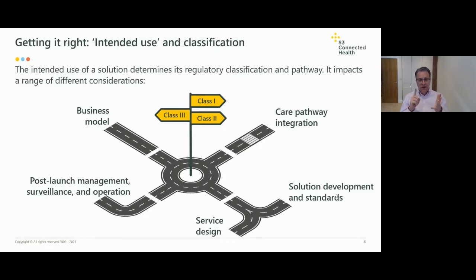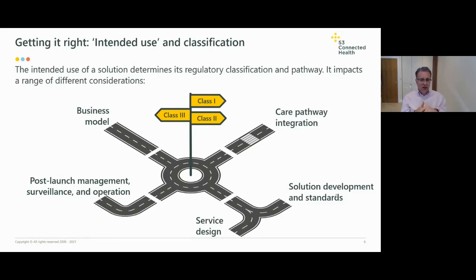The business model may be impacted, not just because SaMD solutions cost more to develop and operate, but they may also open the door to make clinical claims, which could enable reimbursement. The clinical care pathway integration is impacted as the intended use determines exactly what the function of the solution is, where it fits in the care pathway, and who's going to operate it. And conversely, a lack of clarity on that can make the use case very unclear and make it difficult to get clinician and patient adoption.